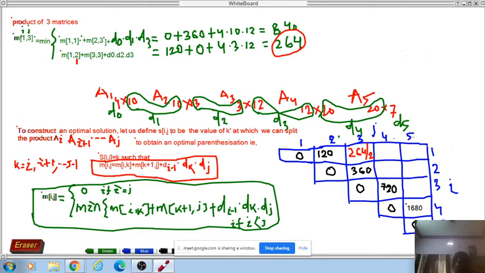A1 A2. When you are multiplying A1 A2, this is one multiplication, so my K value will start from 1. So you have to give this 1.